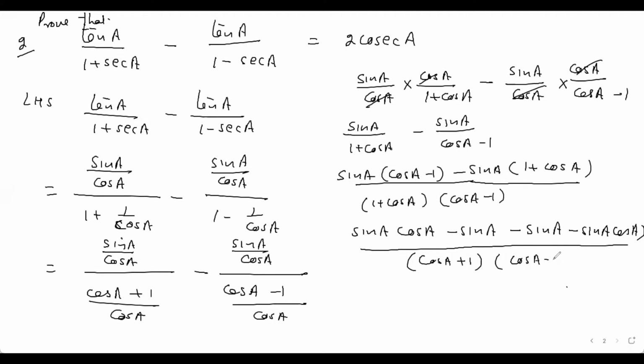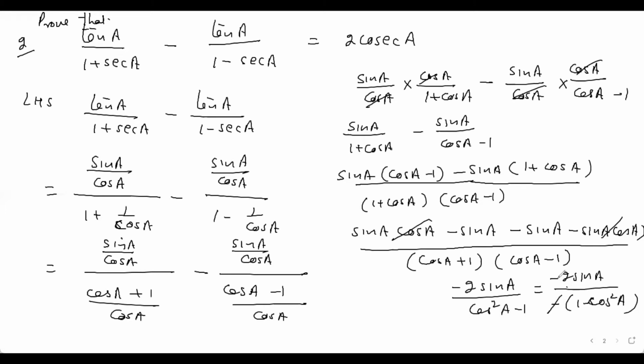Cos A minus 1. Now this and this is cancelled. I'll have minus 2 sin A upon A plus B, A minus B, cos square A minus 1. Now minus 2 sin A upon, take minus common, 1 minus cos square A. Minus minus cancelled. You will have 2 sin A. Now 1 minus cos square A is sin square A. 2 cosec A.